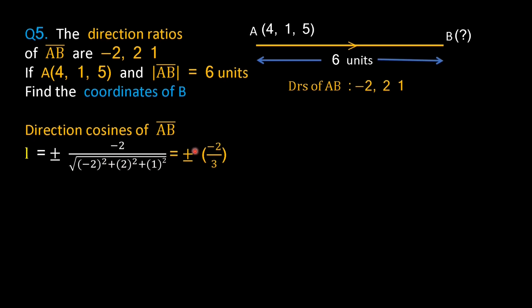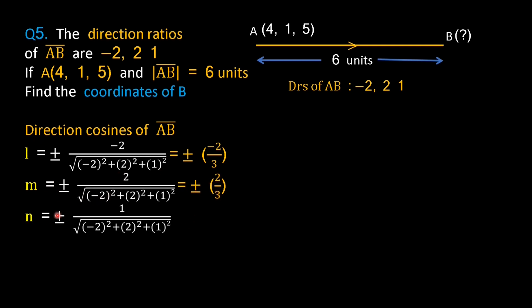That will be plus minus minus 2 by 3. This will be 4 plus 4 is 8, 8 plus 1 is 9. Square root of 9 will be 3. m will be plus minus 2 by 3. n will be plus minus 1 by 3.